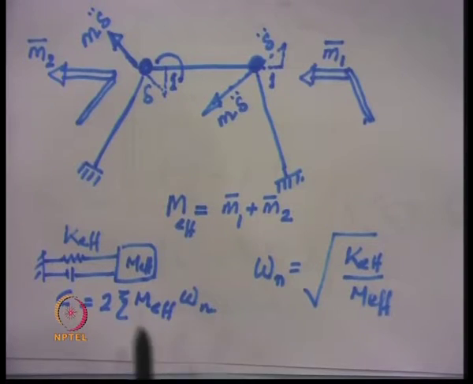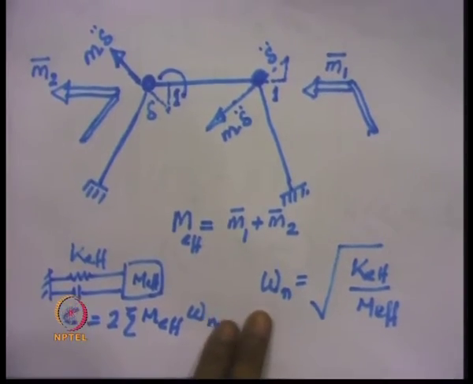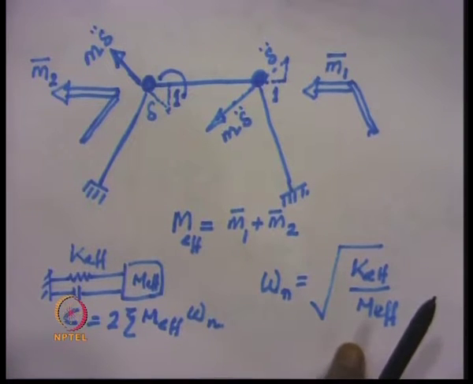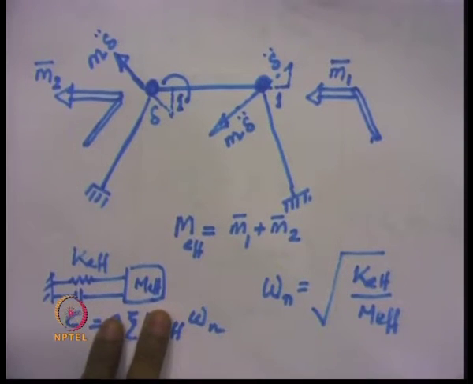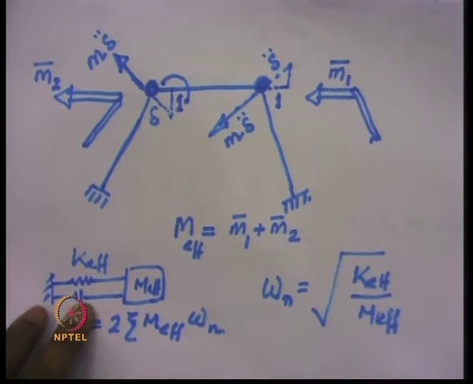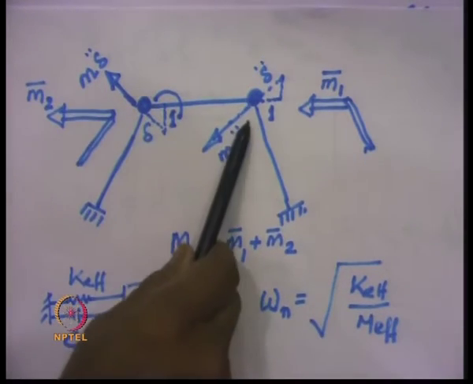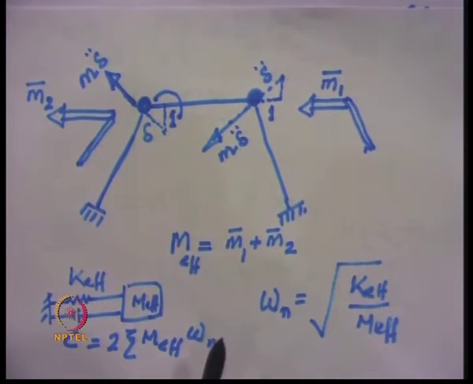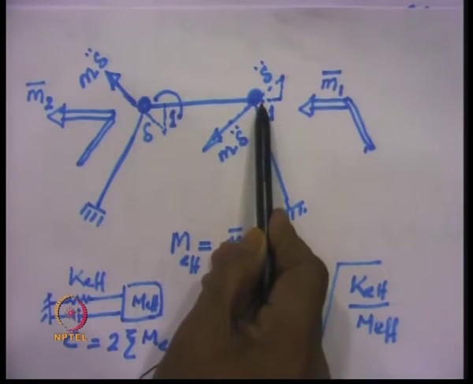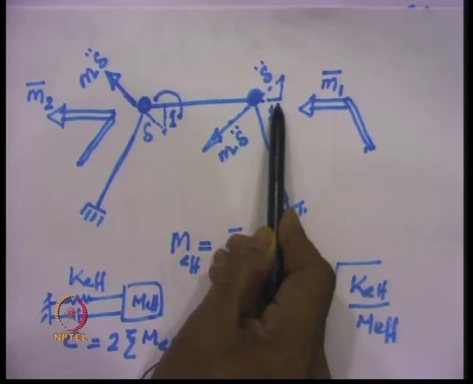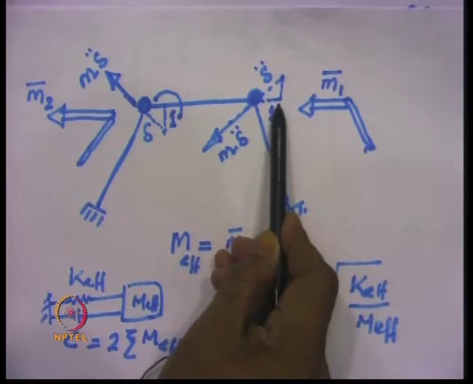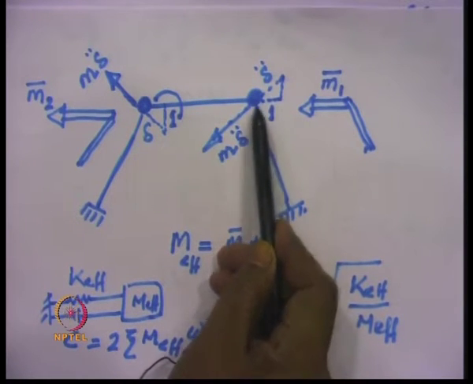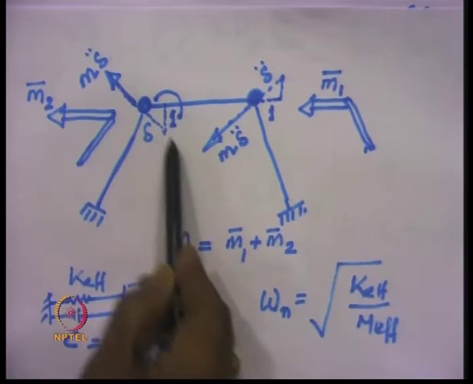Now, once we get the stiffness for the portal frame, we have to find out the effective M. Mind you, effective M is not equal to M plus M, because if we give a sway unit displacement in this direction, then the entire system would move like this.